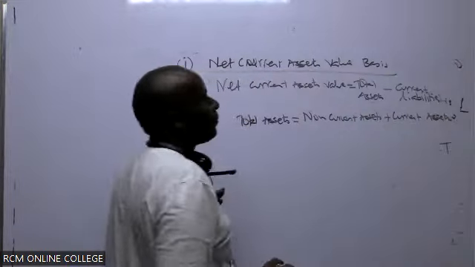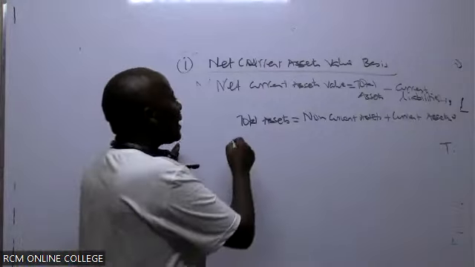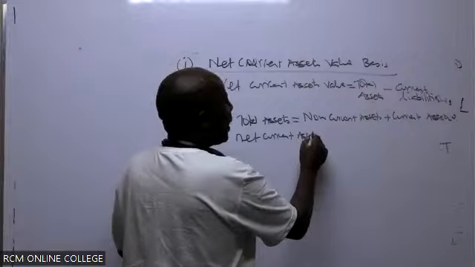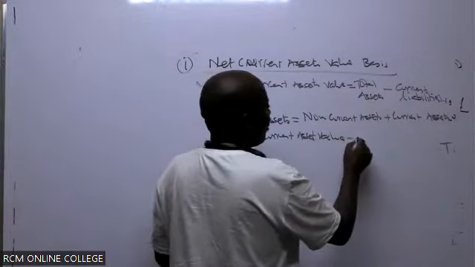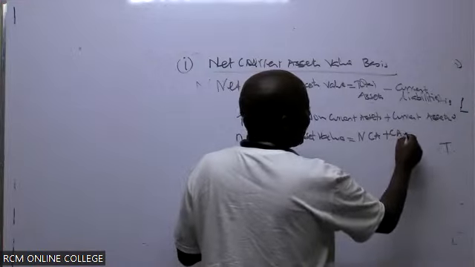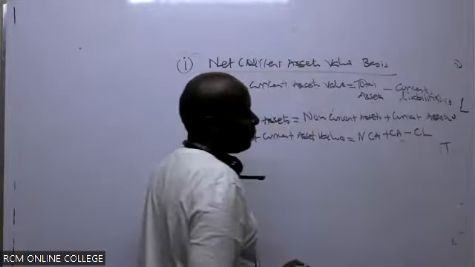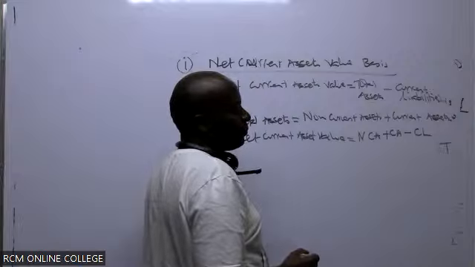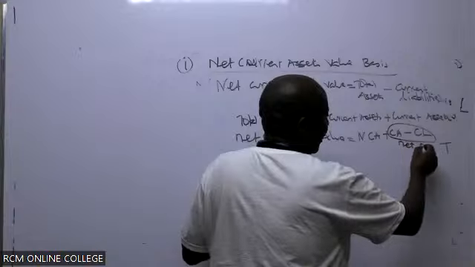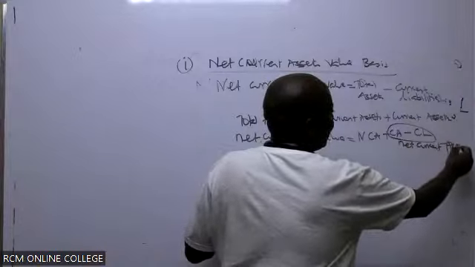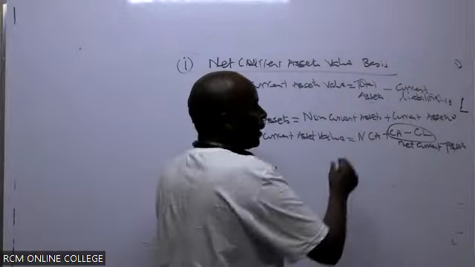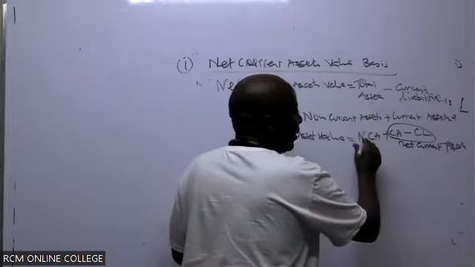So when we talk of net current assets value, which is very confusing, you will take non-current assets plus current assets minus current liabilities. But this is what they are calling net current assets. If you look at that statement of financial position, they have taken net current assets and non-current assets.